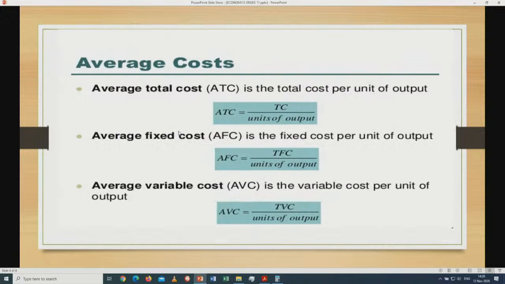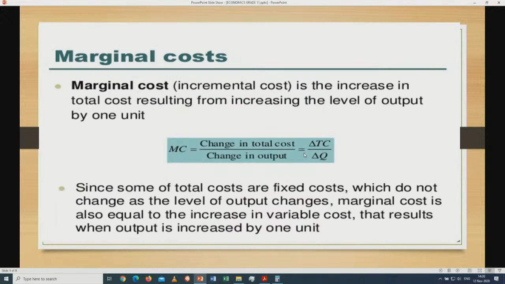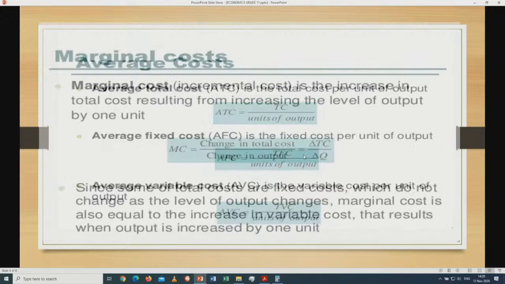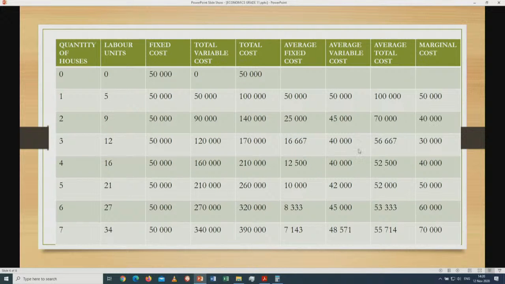We said the average total cost is the total cost divided by the number of units, right? So the total cost divided by the number of units is the same as what I've just said.